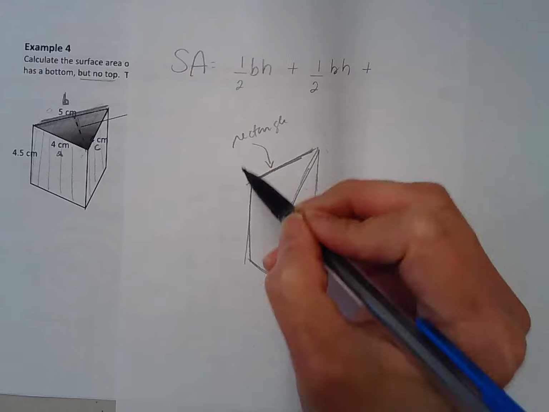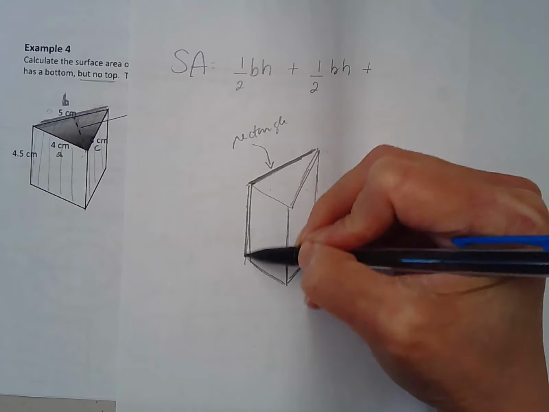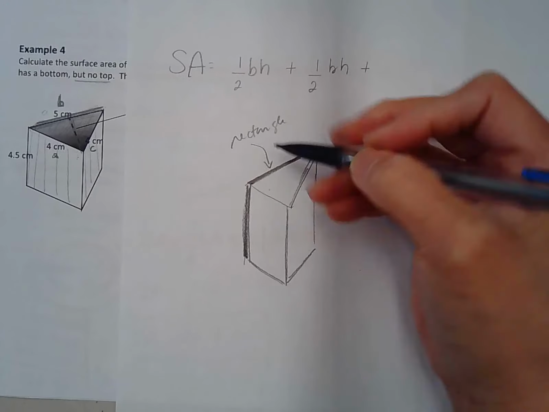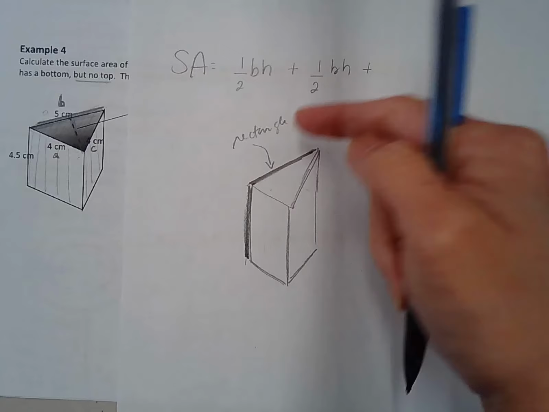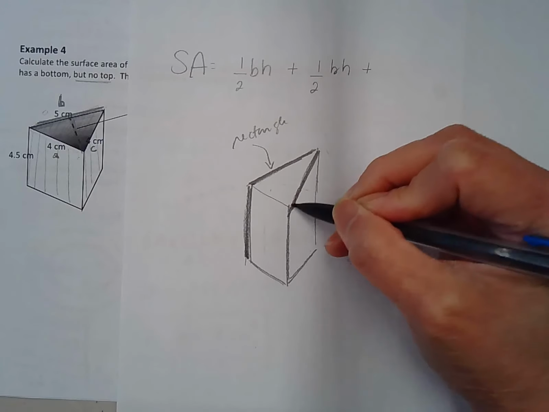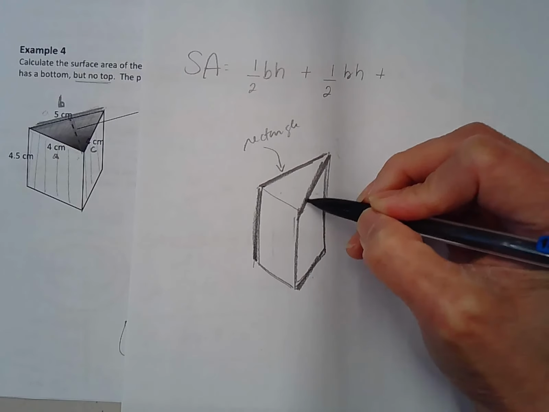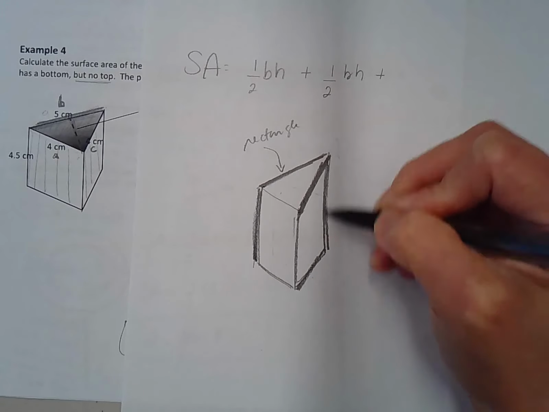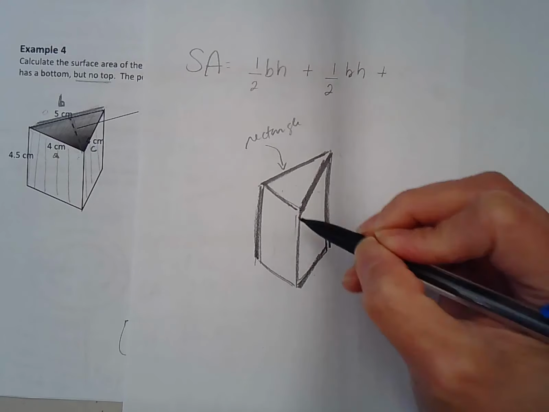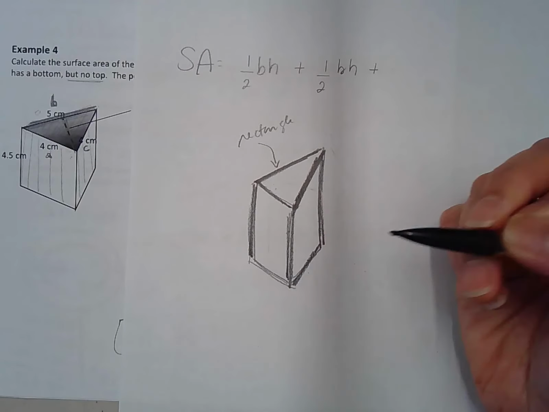And you can see that this is the length, and then that's the width. And that's the area of that hidden rectangle right behind. Now what about this part here? This is a rectangle also. This is the length, and that's the width. And then this one here, this is also another rectangle. This is the length, and then this is the width.